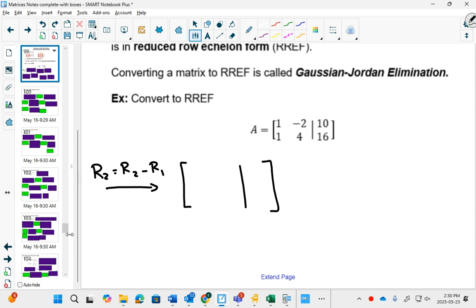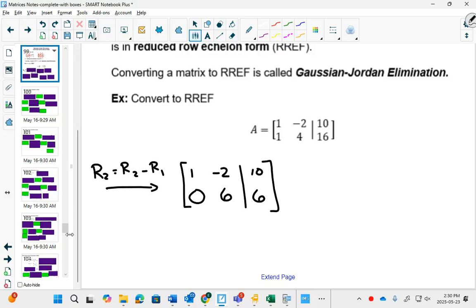That doesn't change my row 1, so I can rewrite things. Row 2 minus row 1, that does get me my 0. 4 minus a -2, that will give me a 6 there. And 16 minus 10, that will give me a 6 there.